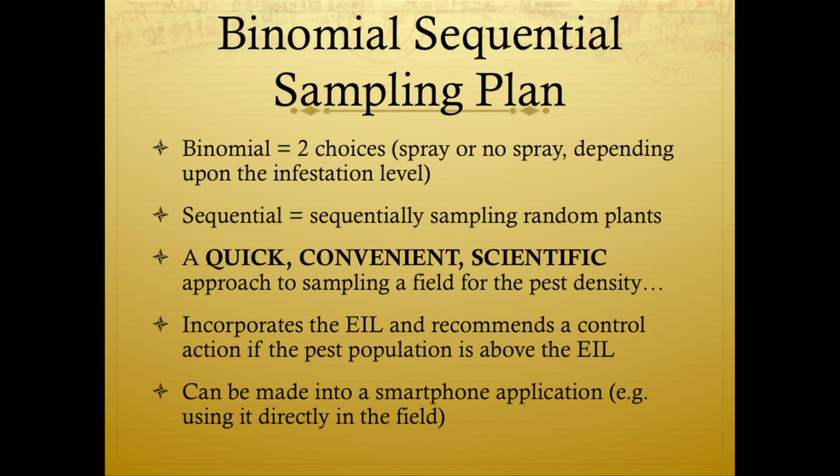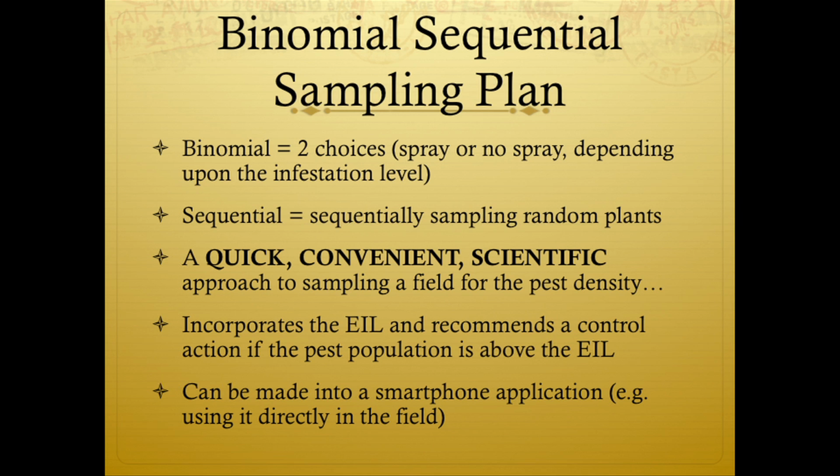Binomial sequential sampling plan. Binomial means 2 choices, 2 numbers. You either spray or you don't spray, depending on the infestation level. Sequential, you're sampling random plants sequentially, one after the other. These are quick, convenient, and scientific approaches to calculating your infestation level in your field.